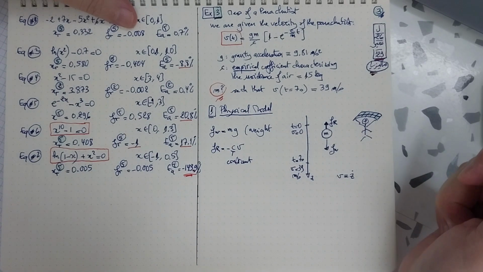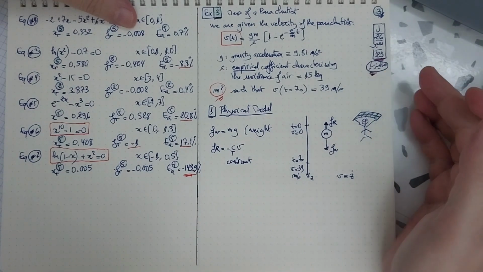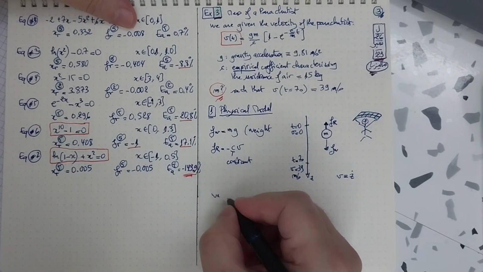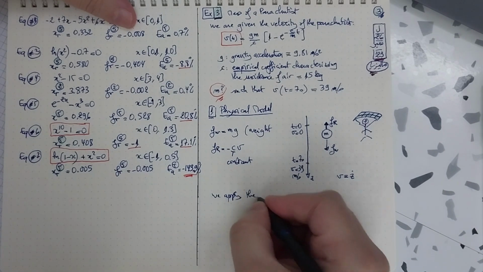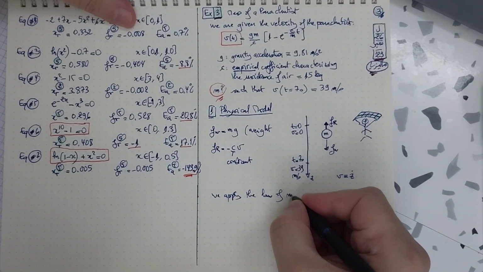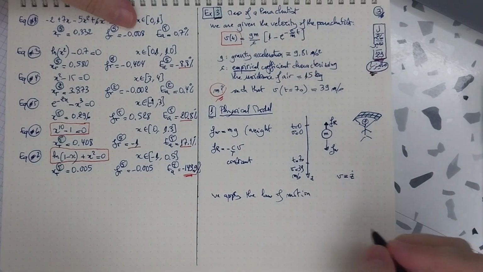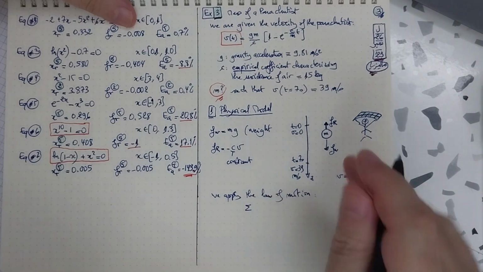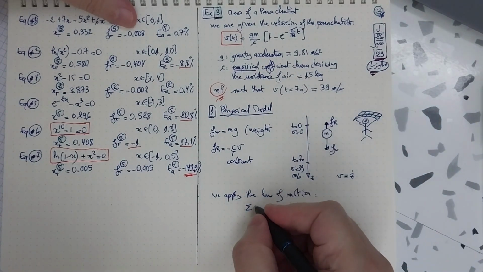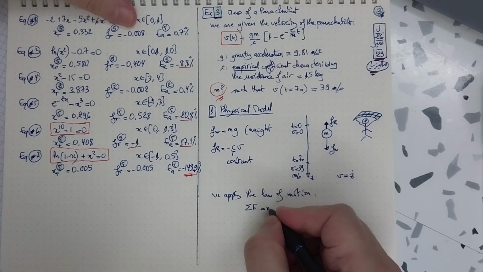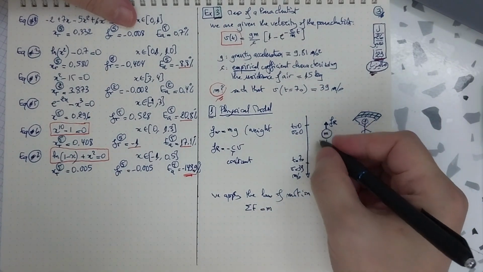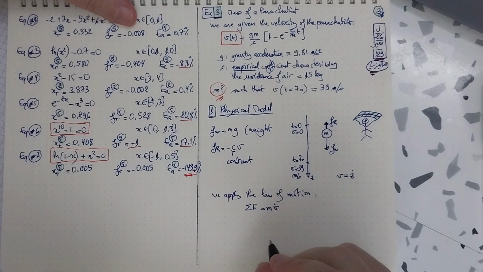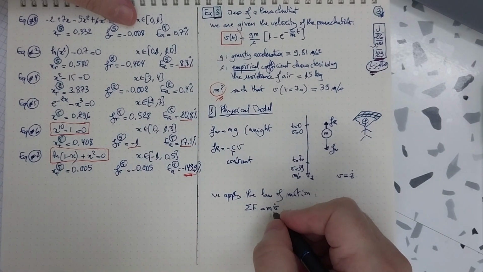And then what we will do, we apply the law of motion, the second law of Newton, which tells us that the sum of all forces applied to M, the resultant force, must be equal to the mass times the variation, the derivative of the velocity with respect to time.